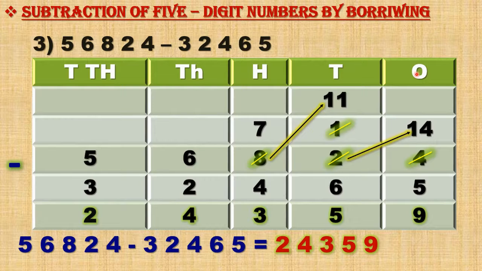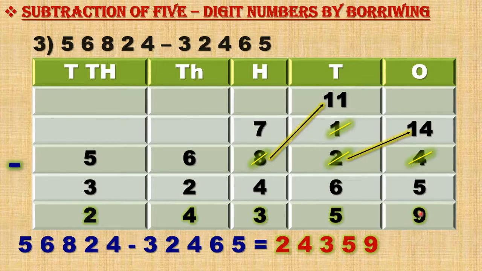So we cannot subtract 5 ones from 4 ones. Therefore, we will borrow 1 ten from 2 tens place. So 2 will become 1 in tens place and 4 will become 14. We have to subtract 5 from 14. So 14 minus 5, we will get 9 ones.